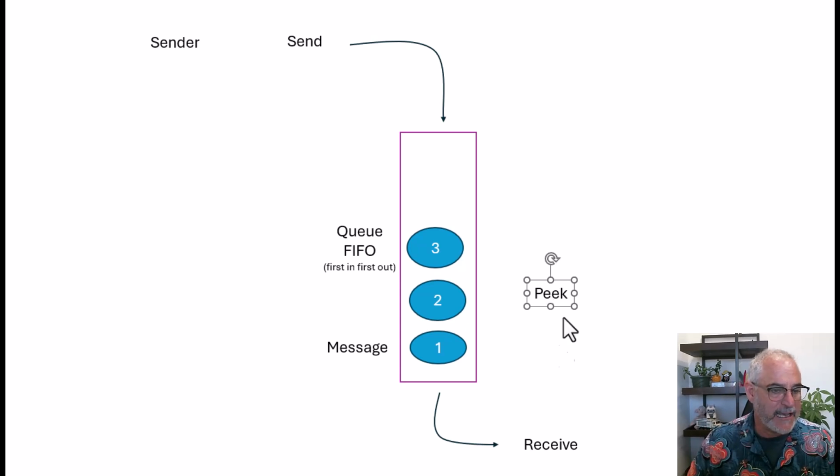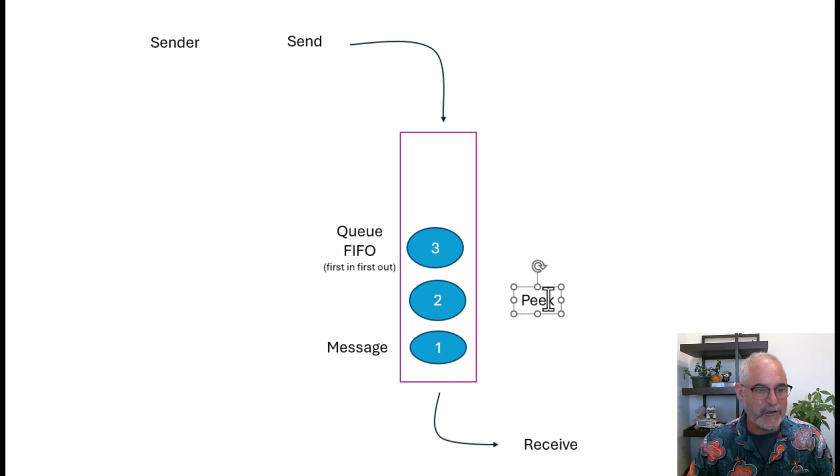And what peeking lets you do is kind of look at a message without receiving it. So in Azure Service Bus, it is possible to do this, but it's not called peeking, and it's an interesting technique that we'll look at.